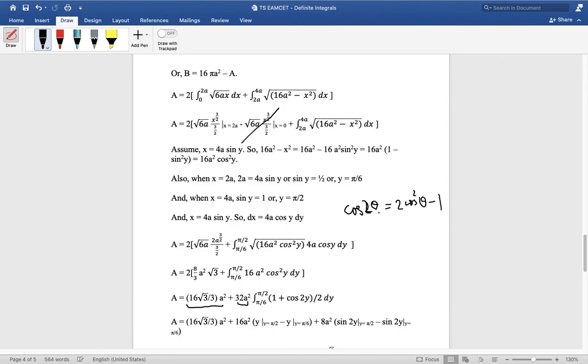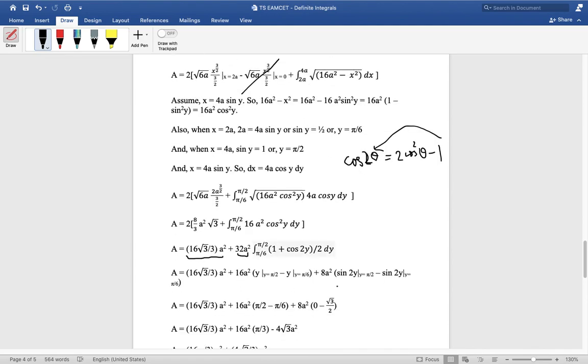So cos square theta is what? You take this one over here, cos 2 theta plus 1 divided by 2, which I have done over here, right? So the integral of 1 plus cos 2y by 2 dy. The integral of dy will be just y, which is here. What will be the integral of cos 2y? Sin 2y divided by 2, which is over here.